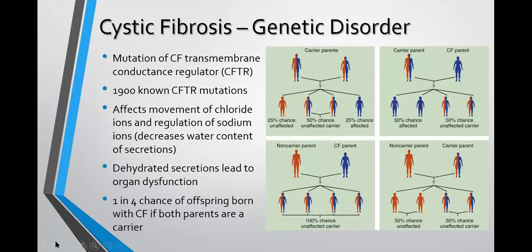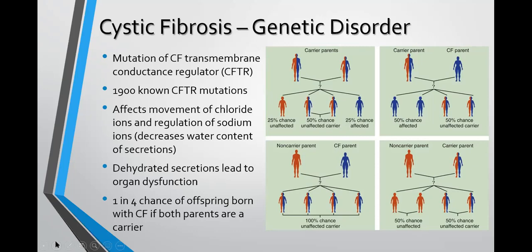This is just a little chart if you want to go back to kind of look at how it happens. You can either be a carrier or you can be a full-fledged cystic fibrosis person, right? So say 2 white people get together and both of them happen to be carriers of cystic fibrosis and they have 4 children, one of them will probably be full-fledged cystic fibrosis.